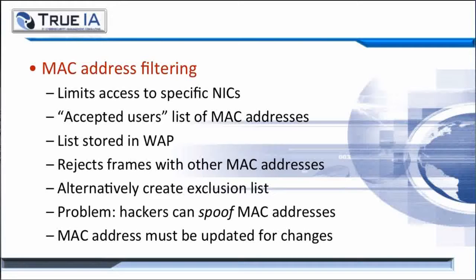Now, this does come with some administrative problems. It is considered to have a very high administrative overhead. Every time a user gets a new device, you'll need to manually update the MAC table. Also, it's not very difficult for hackers to spoof their MAC addresses and make it look to the wireless access point like an accepted user.